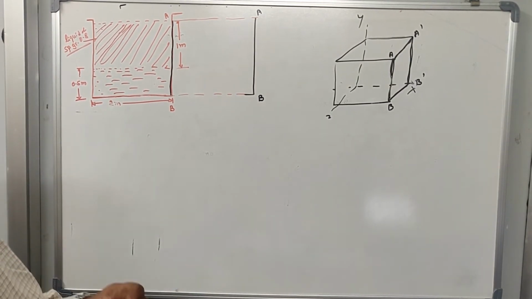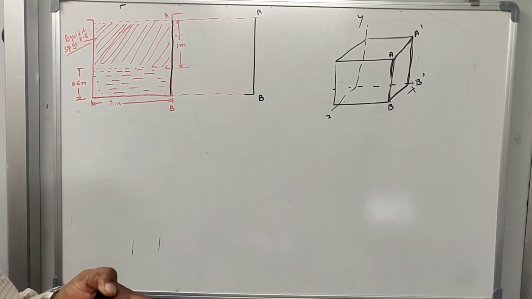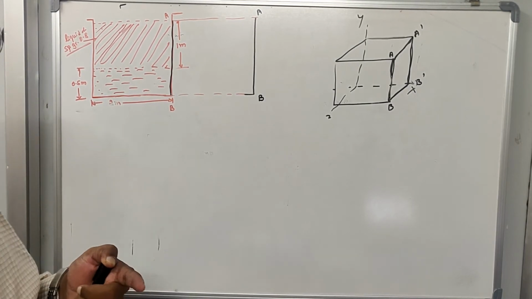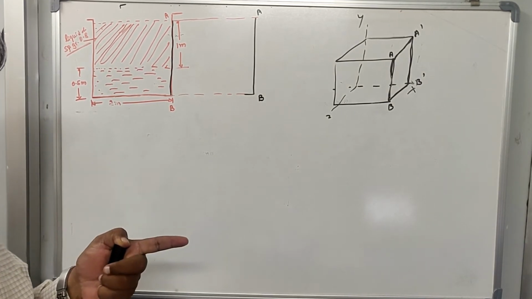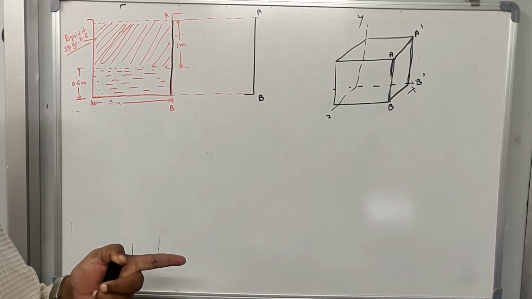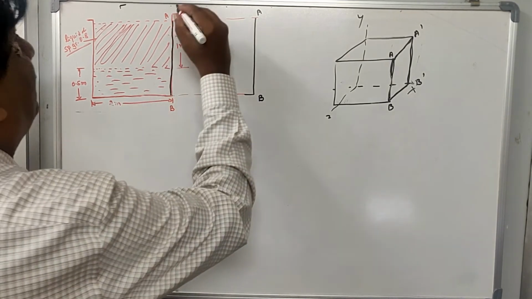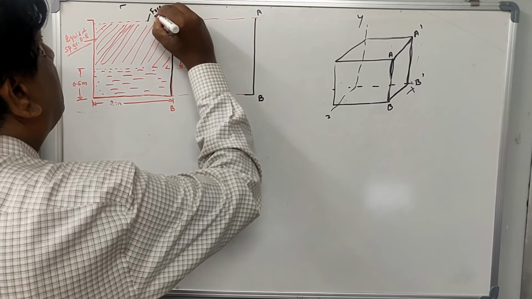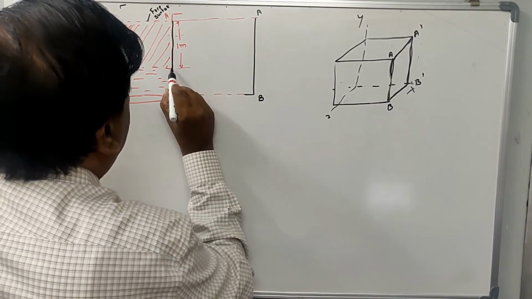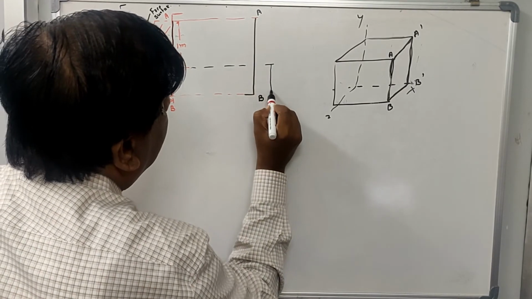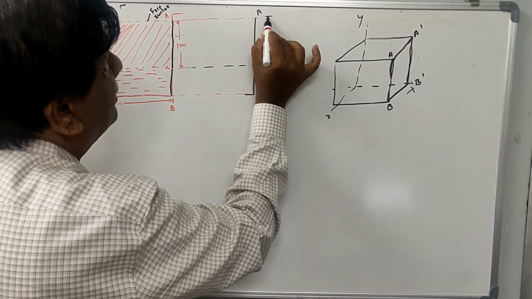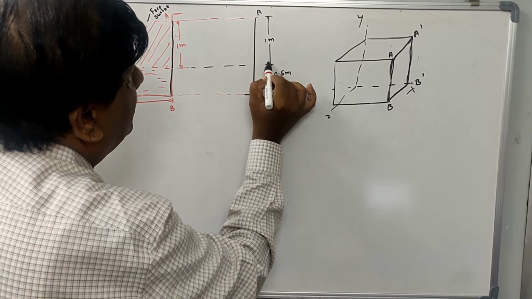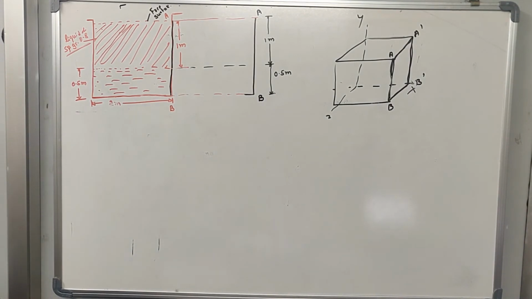This is our free surface. Up to this 0.5 meter height the liquid is water, and up to 1 meter the liquid has specific gravity 0.8.